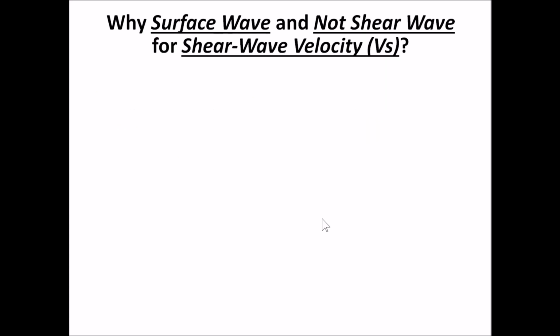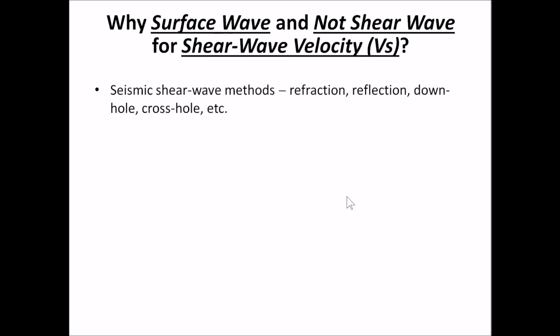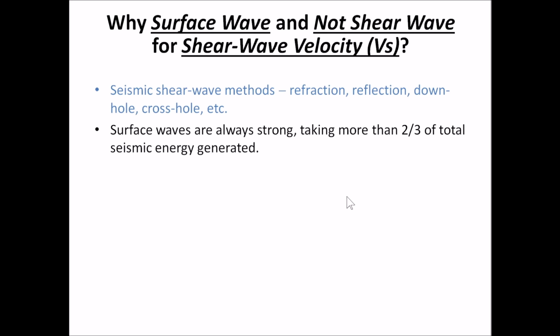And now, why are we using surface waves, not shear waves, to come up with the shear wave velocity? In fact, there are shear wave velocity methods available, like shear wave refraction, shear wave reflection, shear wave downhole, and shear wave crosshole methods. But all of them rely on the seismic shear waves, which are usually very weak.